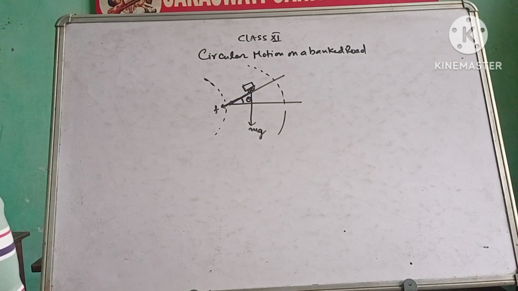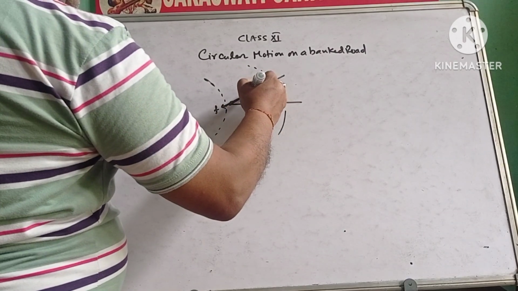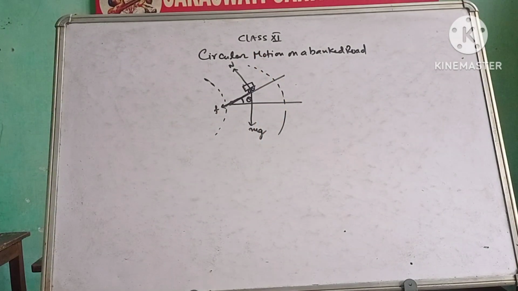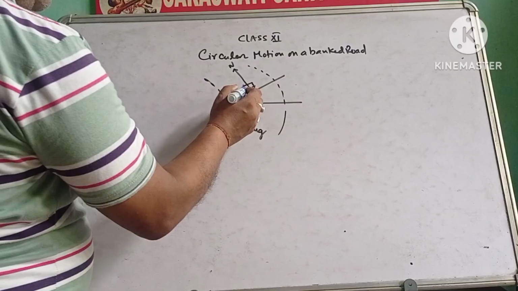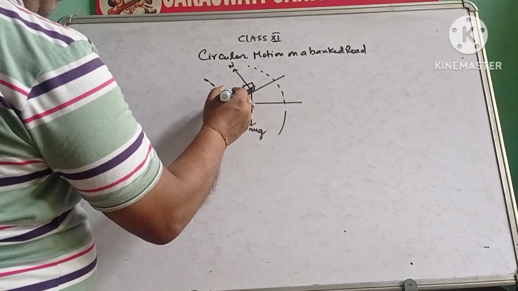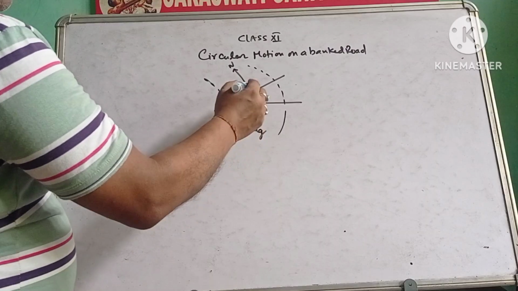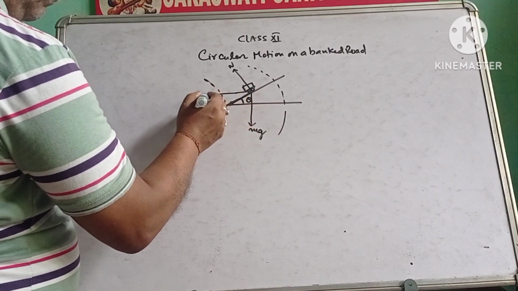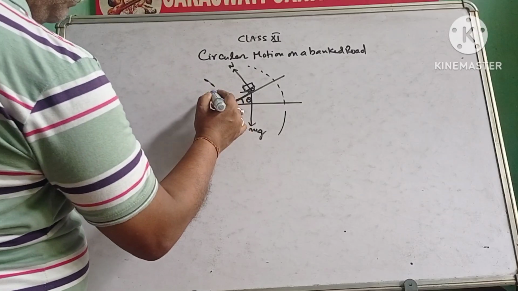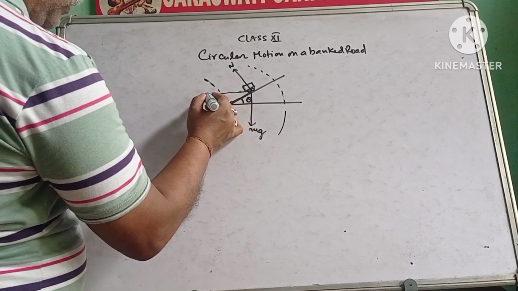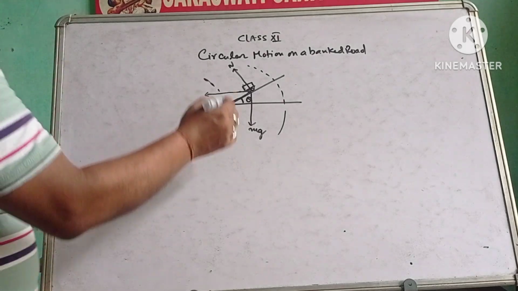The normal reaction is always perpendicular to the surface, and here this is perpendicular to this surface.